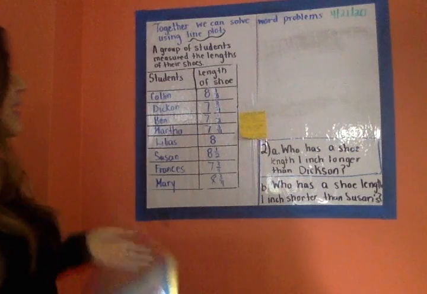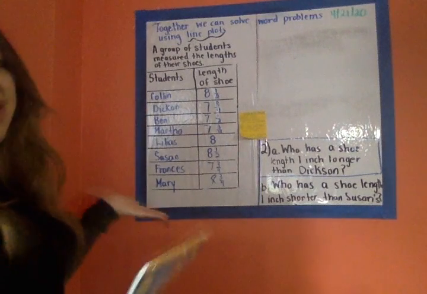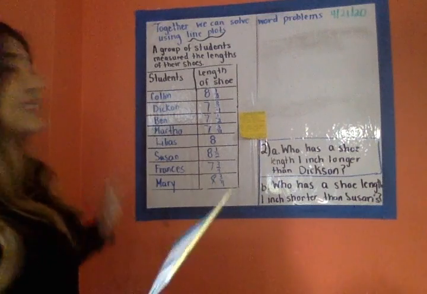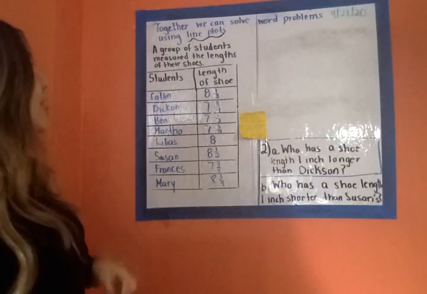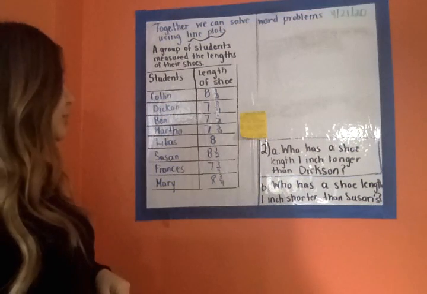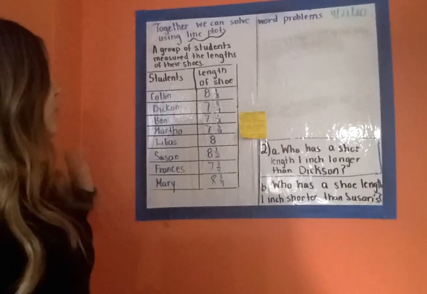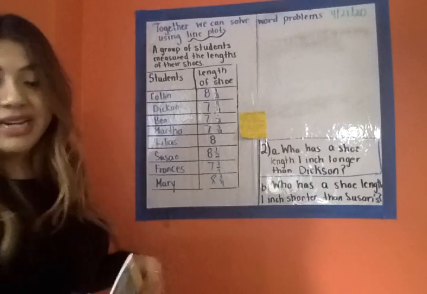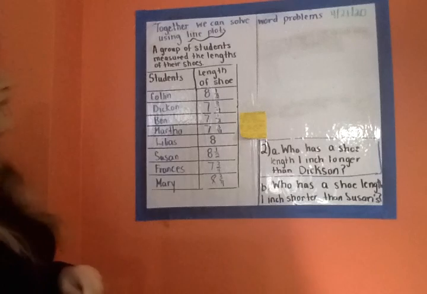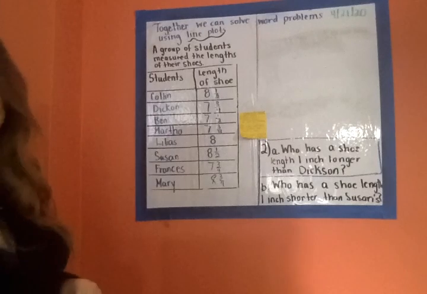Now, before we get started, we're going to want to name our line plot. A line plot is similar to other organizers in the sense that we want to give it a title. And so the title of this graph will be a good title. Think about it.